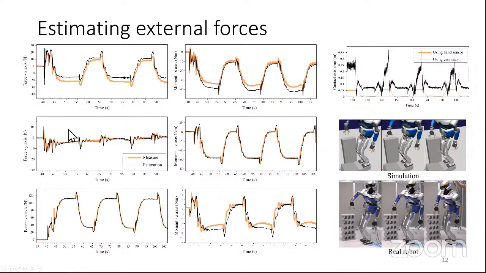And you can see that we are able to rebuild the forces and the moments of this contact, this external force, rather accurately, especially the forces, maybe a little bit less the moment, just using the IMU, the force sensor at the ankles, and the encoders.